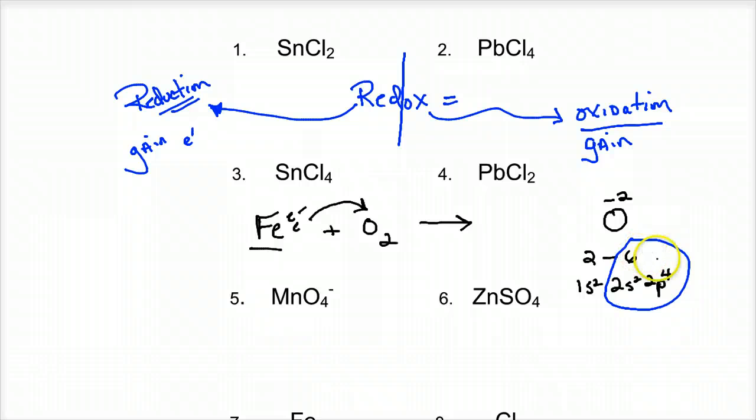So this loves to gain 2 electrons, become 2-8 or 1s2, 2s2, 2p6. So it makes sense, and you've discussed this already.